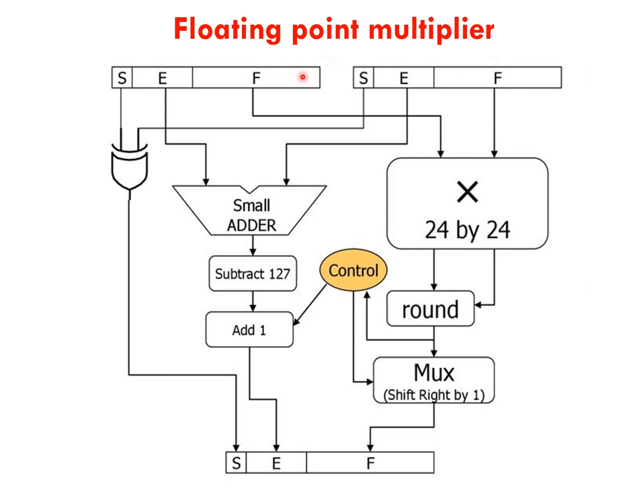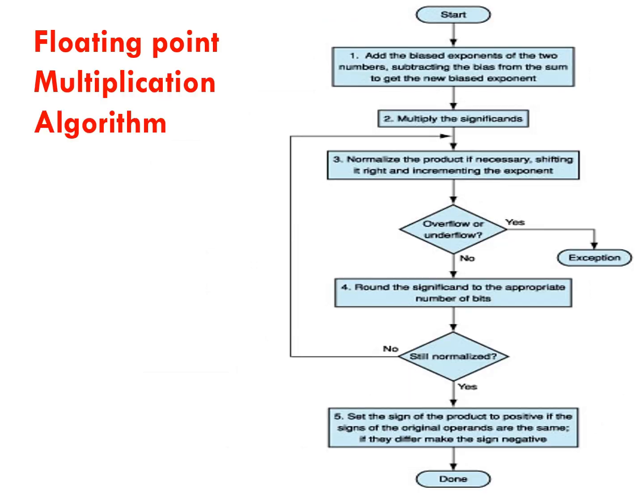It is 23 bits in the fraction part, but this time you are considering the hidden one also, so it became 23 plus 1, 24 bits for both numbers, and you are creating the product. But you have to round, right, and you have to renormalize also. So ultimately you will represent it as 23 bits, so rounding is needed, and renormalization is needed. Whenever you have to renormalize, you are adding 1 to the exponent that you have already computed, and this is the hardware for the floating point multiplier.